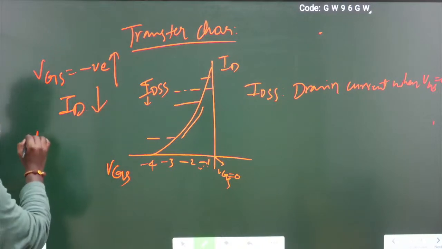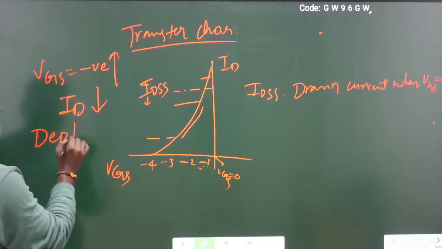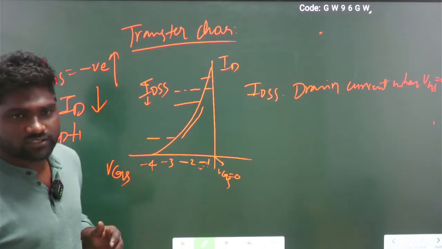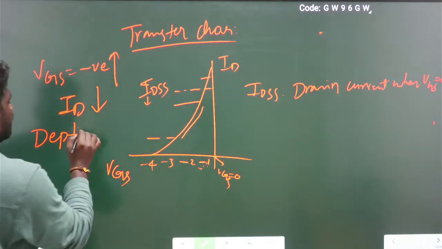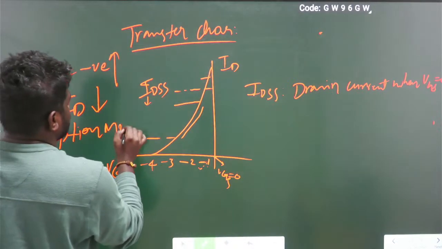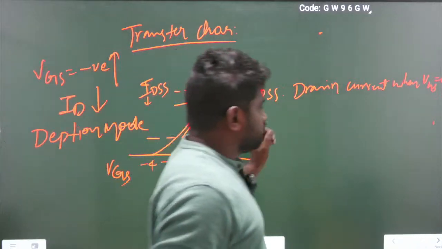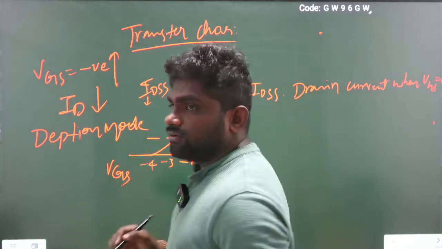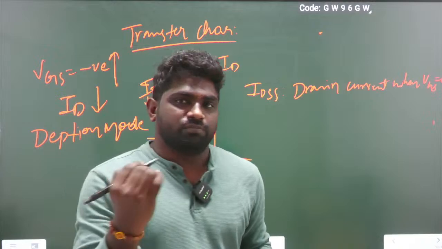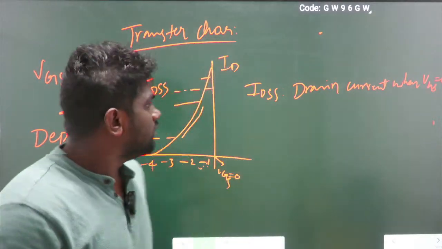Whenever the ID current decreases, that mode is called depletion mode. Before starting the lecture, I already told you FET works in depletion mode. Why depletion mode?